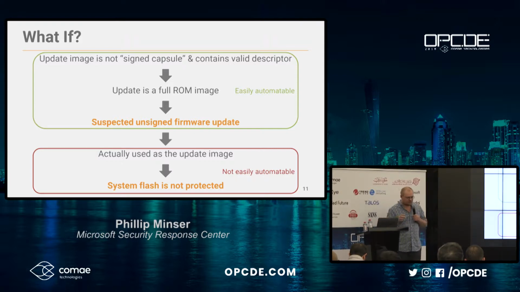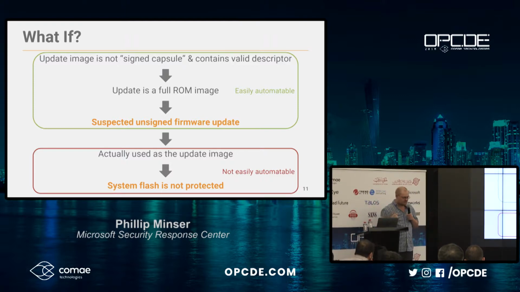Then we need to check which ones are not signed, which ones have a full ROM image, a full SPI ROM dump, and which ones have specific characteristics or specific fields in the SPI descriptor. Those are pretty simple steps. And when we run it automatically for all of our images, we can get some statistics out of that.